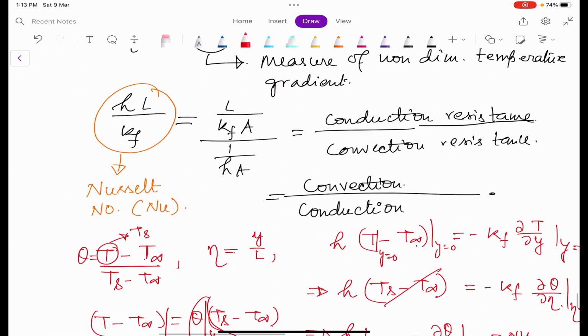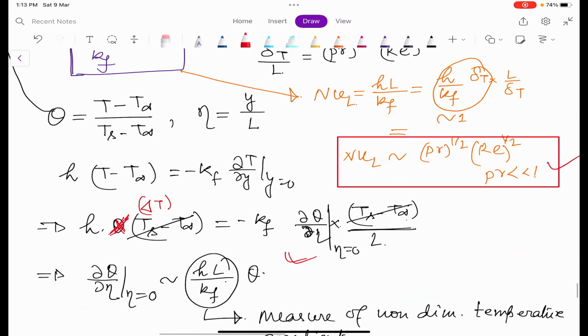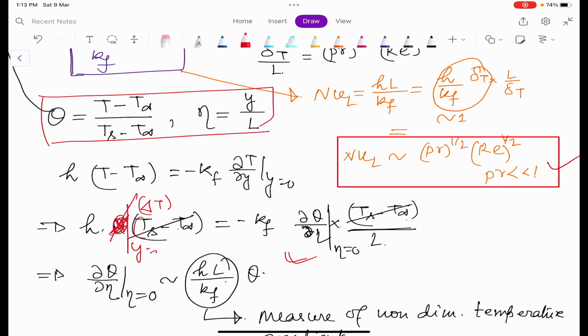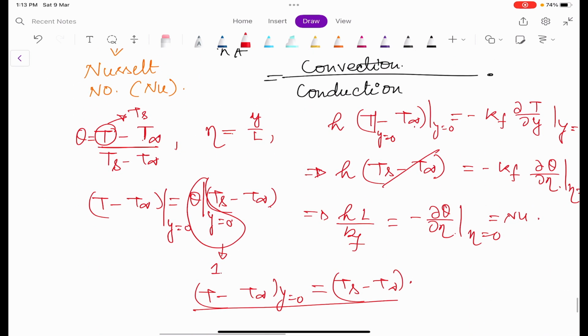I did not make any mistake in defining the variable, but in the mathematics. So here it will be theta into (Ts minus t infinity), but at y equal to 0 this theta is 1, so this theta will not be there. So this should be the approach. When you are not getting things, don't just accept that you are making some mistakes. You should always go into the detailed mathematics and the detailed physics to figure out what mistake you are making.